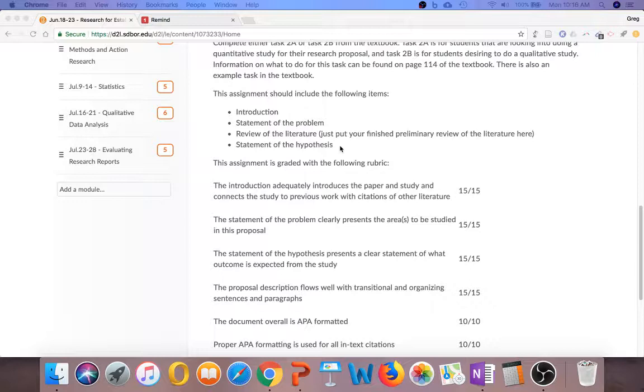It's a statement for your study and what you expect the outcome to be. An example statement of hypothesis might be: students who experience the 1, 2, 3 curriculum will have higher achievement than students who do not experience this curriculum. That would be a statement of hypothesis because you're hypothesizing that those students who receive the curriculum will score better in your study than students who do not. So it's a prediction about what your study outcome will be.